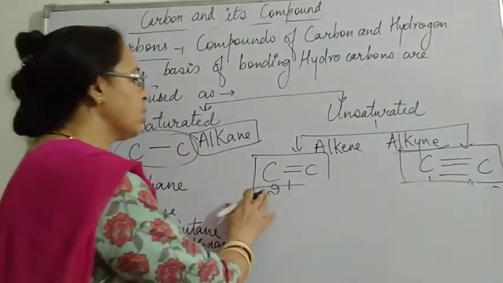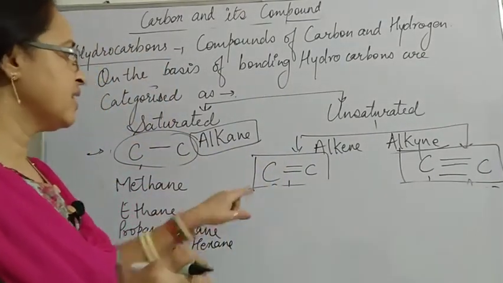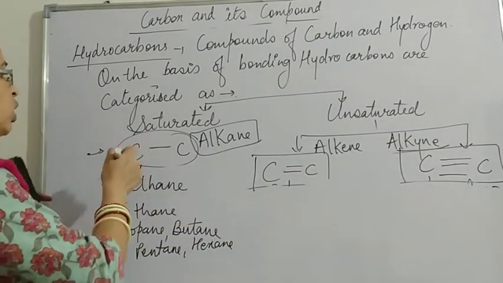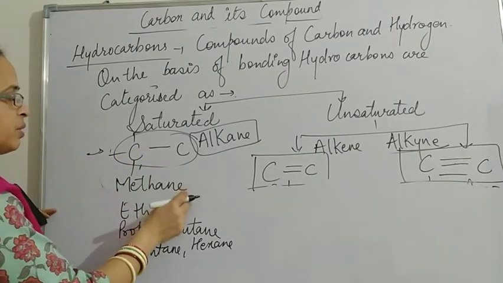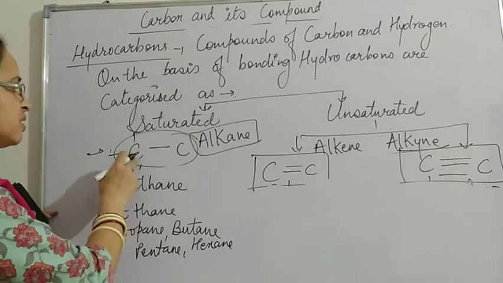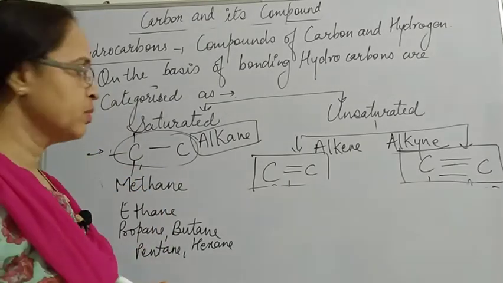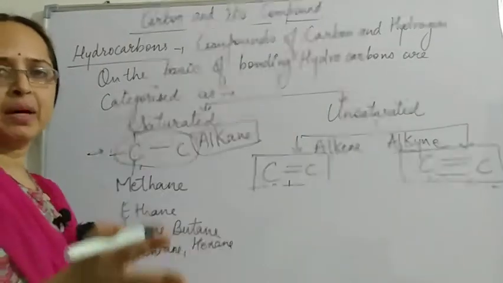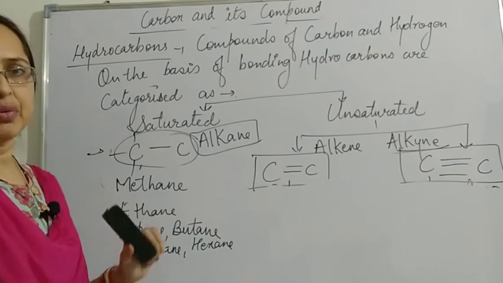Now when we talk about alkene, it is the same way, but here two carbons are there. Methane is a one carbon compound, bonded with single bonds to other atoms. When single bonds are formed, a single carbon can form bonds with other atoms, so two carbons are not required for the first member.